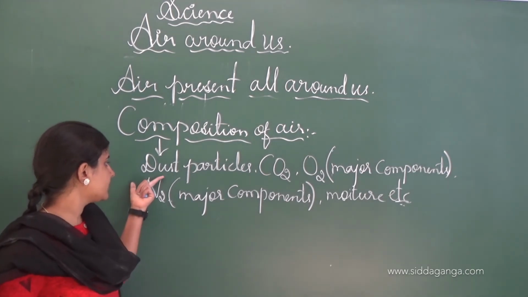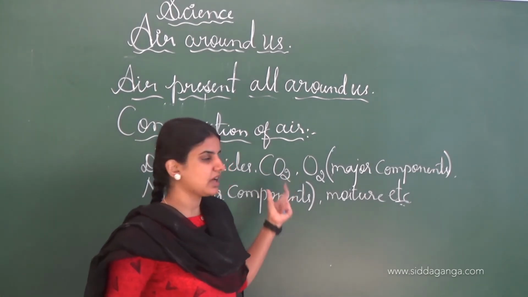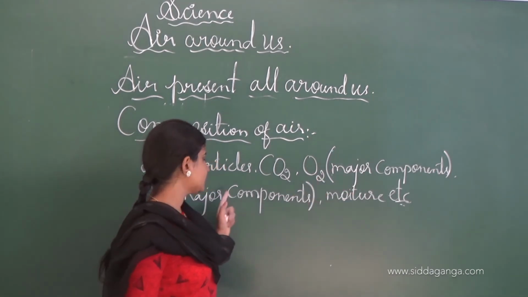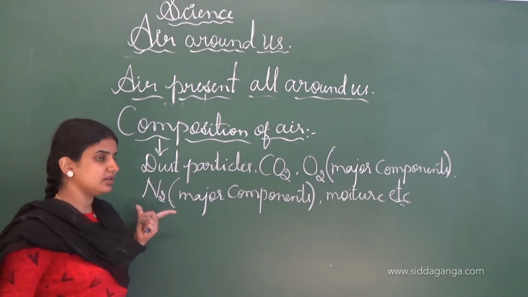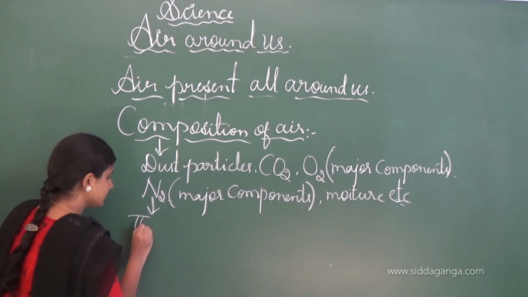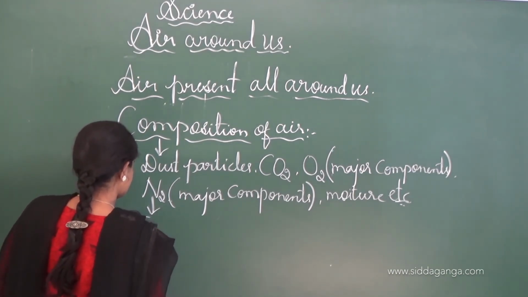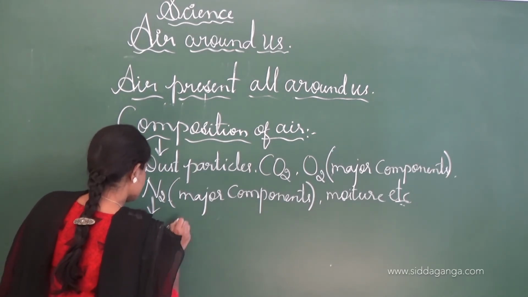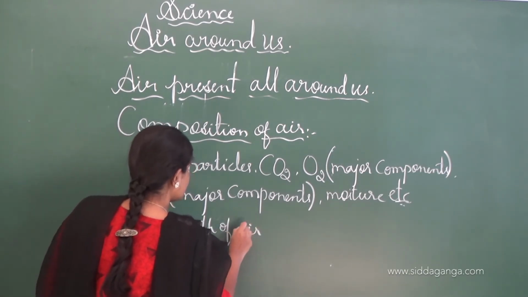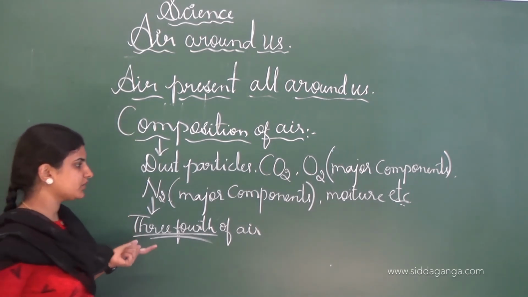And see, air contains dust particles, carbon dioxide, oxygen. This is the formula of carbon dioxide as well as oxygen, and it is a major component beside nitrogen. Nitrogen is 3/4 of the air, so it is one of the major components of the air.